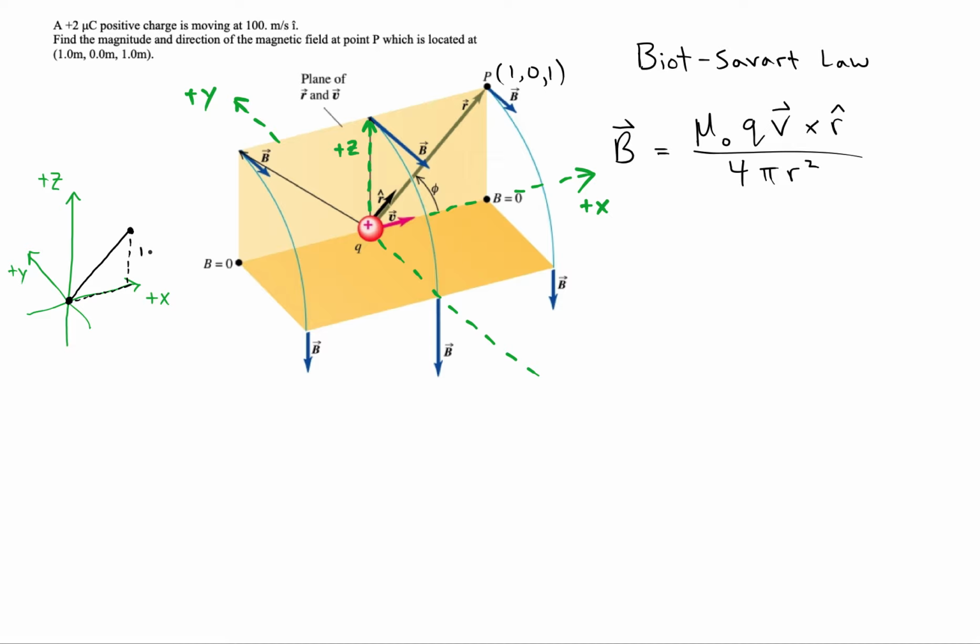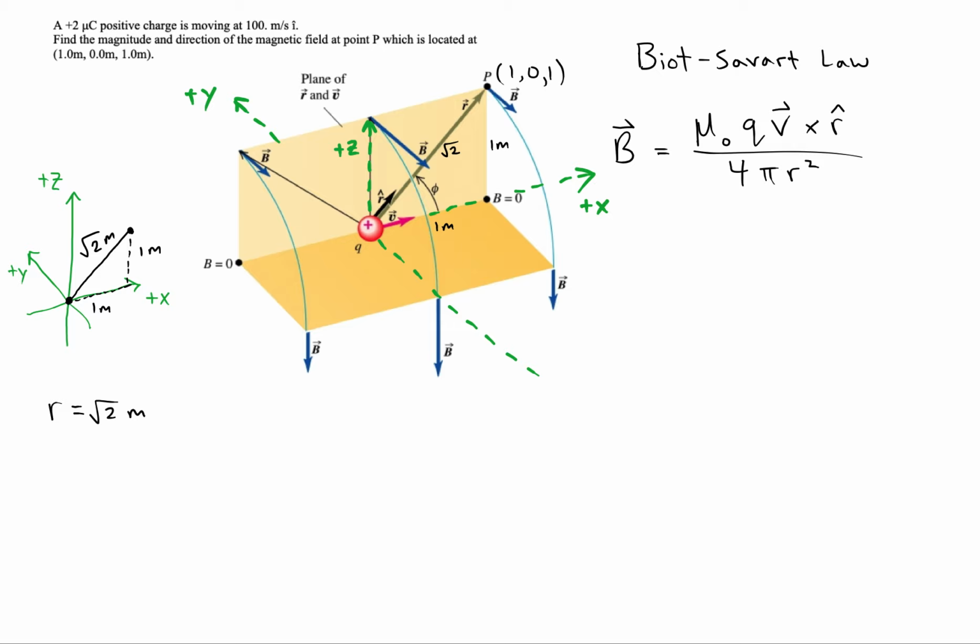So this is 1 meter by 1 meter there, so this is going to be radical 2 meters then. So I'll just write that down, that r is radical 2 meters. This is 1, that's 1, and this is radical 2, the distance from the charge to the point.